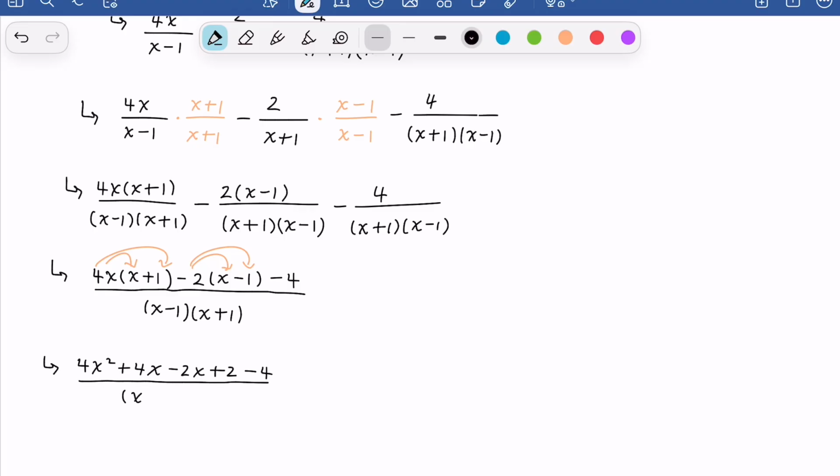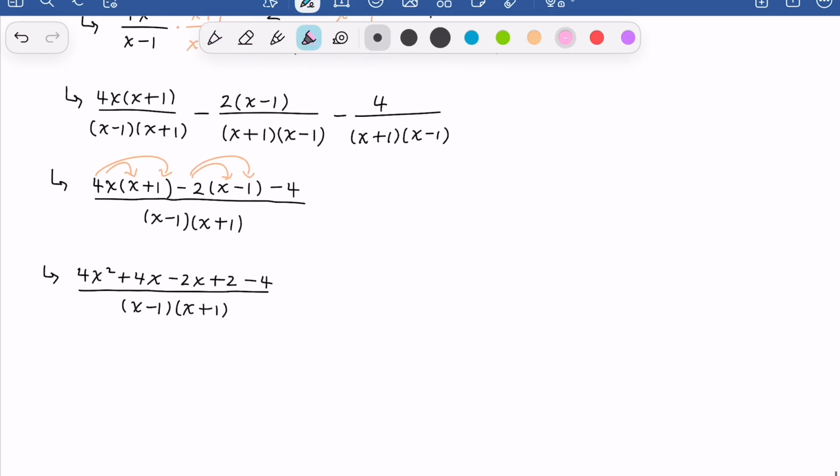We still have our LCD in the denominator. Right? So now we can combine some like terms. We have a 4x and a minus 2x, and we also have a 2 and a minus 4. So we're still going to have 4x squared, then we're going to have plus 2x minus 2 in our numerator, and then this LCD in our denominator.